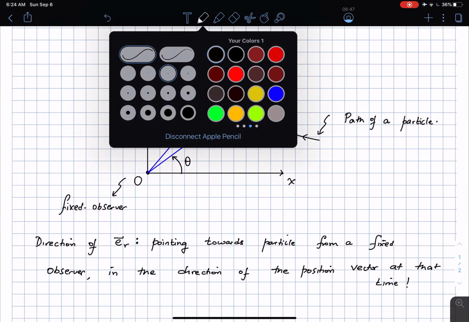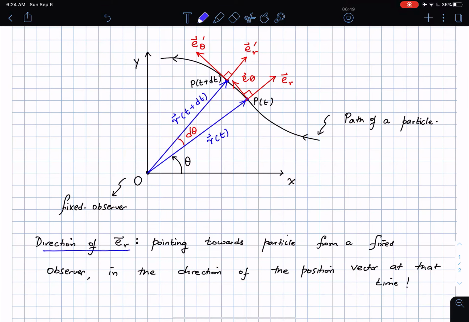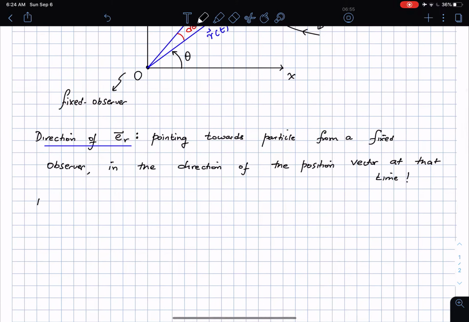All right, so this is the direction of E_r, and likewise we want to write the direction of E theta.